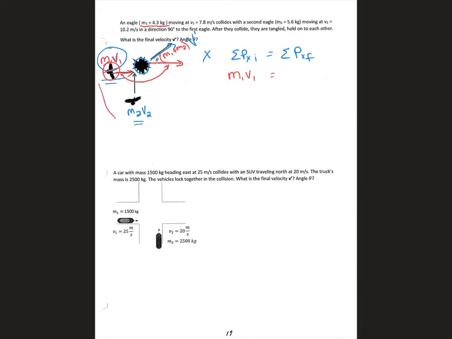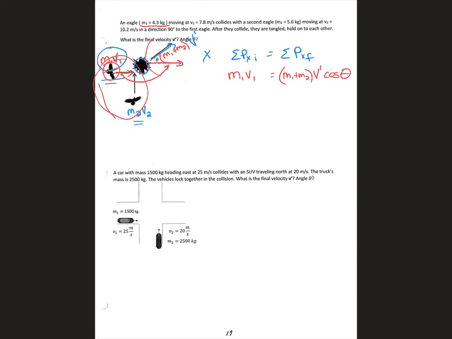This picture is a little different. Here's the before the collision, and then after the collision is on the other side of the picture. So what we know in the x direction is that it is M1 plus M2, V prime, but it's cosine of the angle theta.